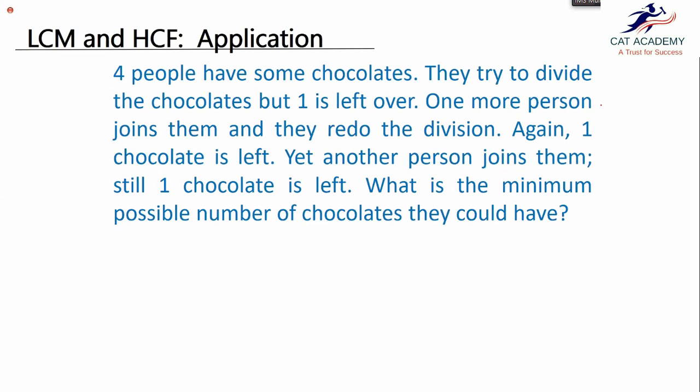Right? So I said, okay, that one chocolate is creating a problem for you, so let me have that chocolate. They were happy to give it to me because then the distribution would have been even for them. So they gave me that one chocolate. Now, whatever is the number of chocolates left with them is evenly distributable in 4 or 5 or 6, which means, can I say 4 is a factor of the number of chocolates, 5 is a factor, 6 is a factor?